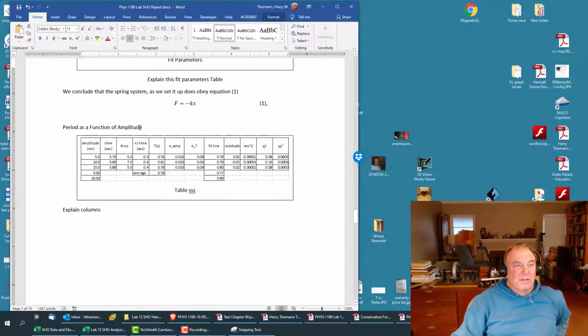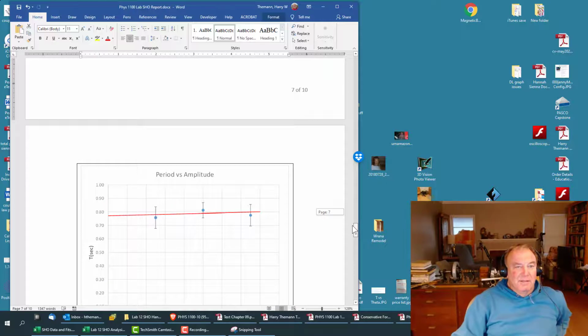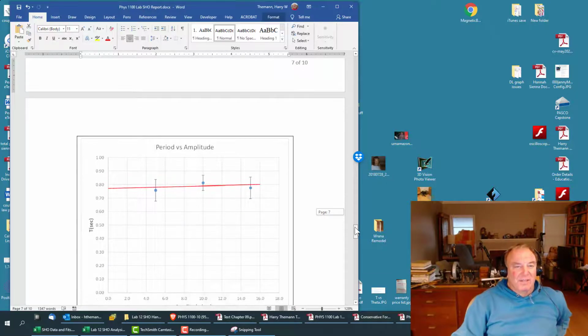So now it's time to do period as a function of amplitude. So now I've got the original data and then all the processing I did to it. And then there's our plot. It's really not enough data points.